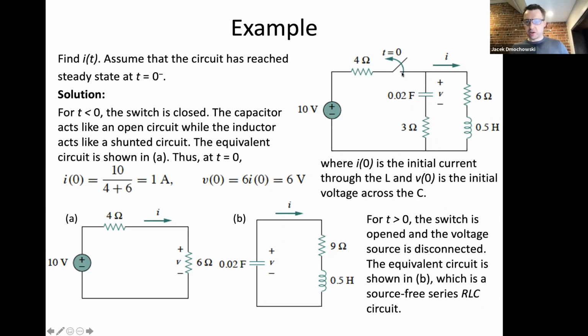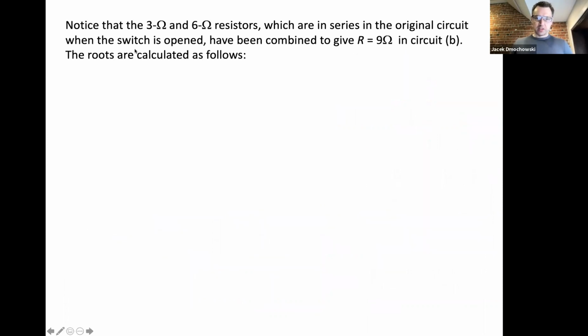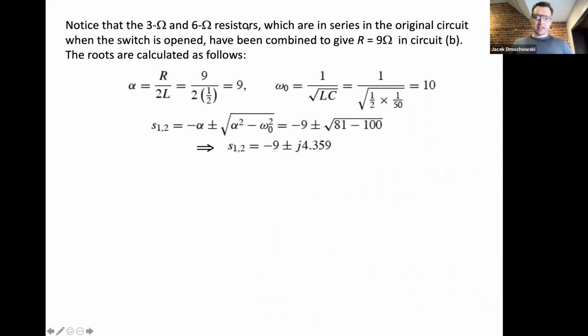When this switch is closed, the 6 and the 3 are not in series. Okay. So now, let's see, the next step, right? So this is just the explanation of why we combine the 3 and the 6 ohms into a 9. So now let's compute our alpha and our omega.